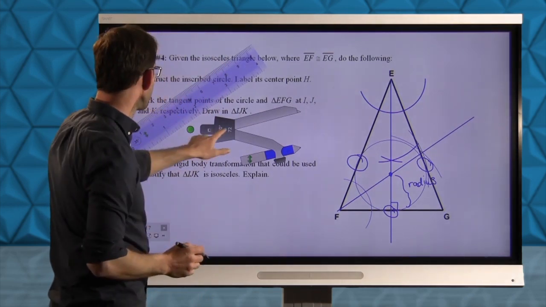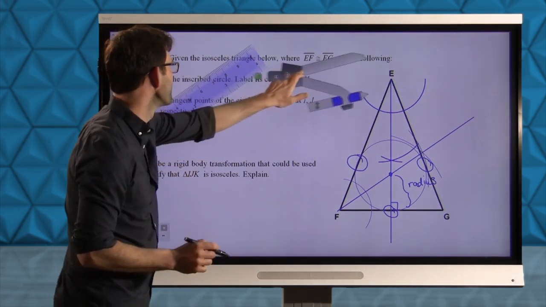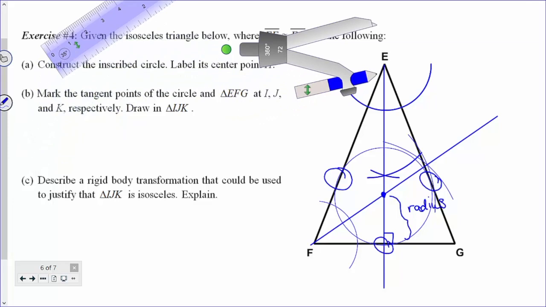Now real quick, there's a little bit more in this problem. It says mark the tangent points of the circle and EFG as I, J, and K respectively. All right, draw in triangle IJK. So in theory, let me get rid of these circles because we don't need them.